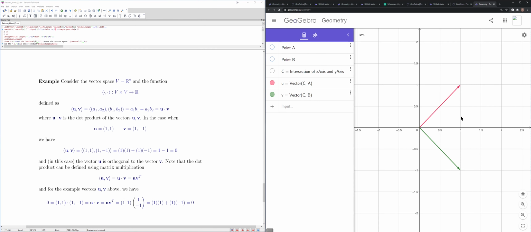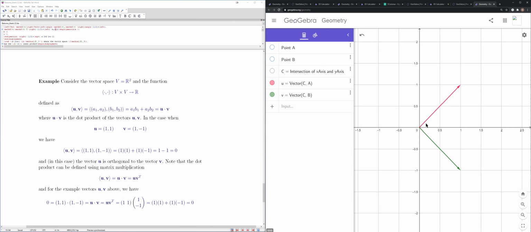Your vector U is this red vector here. The vector V is your green vector over here. You notice that these vectors U and V lie in the plane, and they're at 90 degrees to each other. So your orthogonality for the standard inner product or dot product gives you your normal idea of what orthogonality is, that your vectors are going to be at 90 degrees to each other.